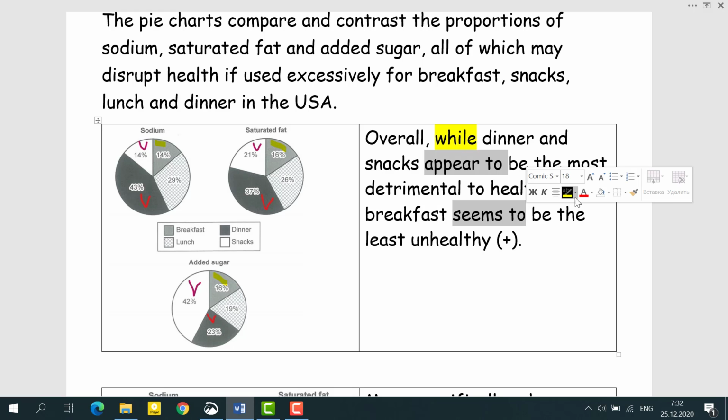You see that? I'm using the parallel structure, and that's exactly what the examiner also wants to see. And here, unhealthy, less unhealthy, and the least unhealthy. Good, so I'm using complex vocabulary and grammar here.